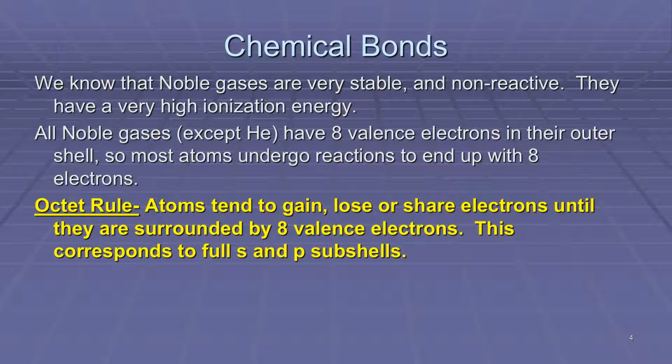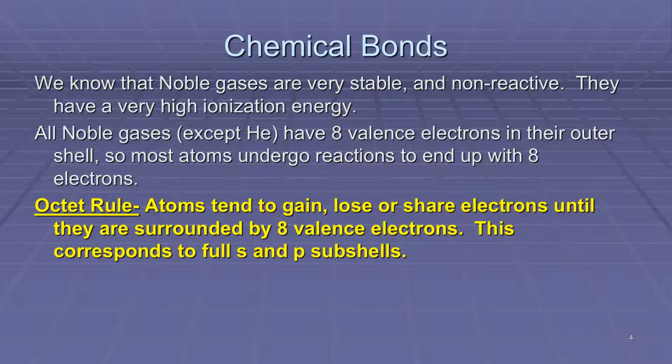And so 8 seems to be a really stable number. Helium, of course, only has 2 electrons, but it does fill up its outer valence shell. And so again, the stability seems to be that the outer shell is full. Doesn't have too many, doesn't have too few, and for most of them it ends up with 8 electrons.